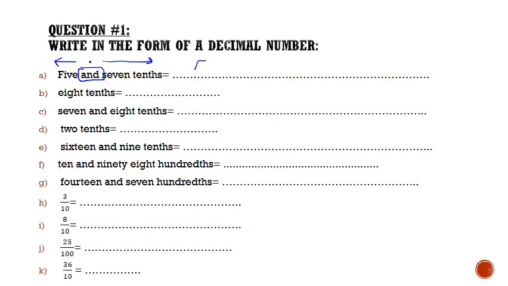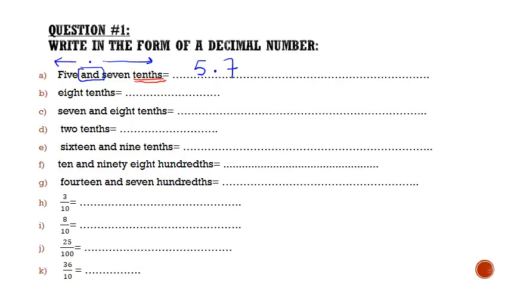So I put 5 point, and then I ask myself, what's the place value of the decimal part? It's the tenths, which means I only have one digit after the point, right? What's this digit? It's 7.